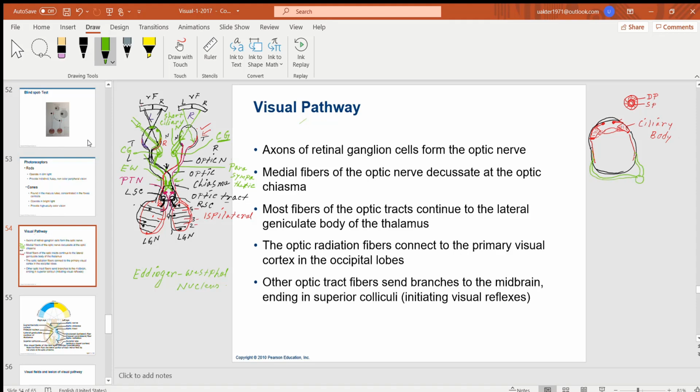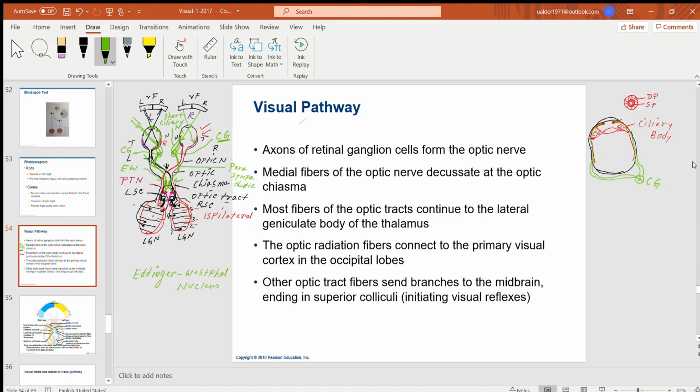Run between the sclera and choroid like this, and will innervate the ciliary muscle or ciliary body as well as the iris. So these two structures get the parasympathetic innervation from the ciliary ganglion.